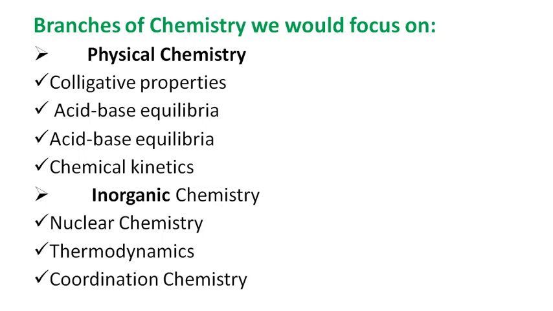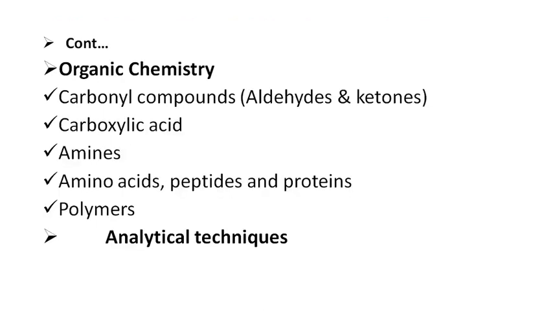And we have coordination chemistry, to see how substances coordinate with each other to form a substance which will be useful. Now here we have seen two forms of chemistry, physical and inorganic chemistry.